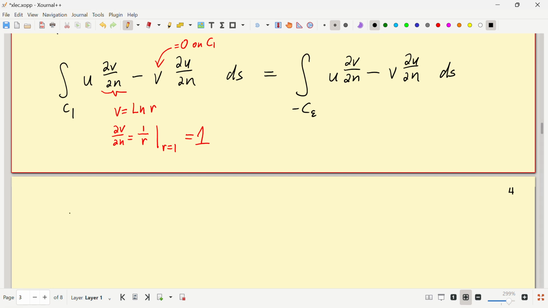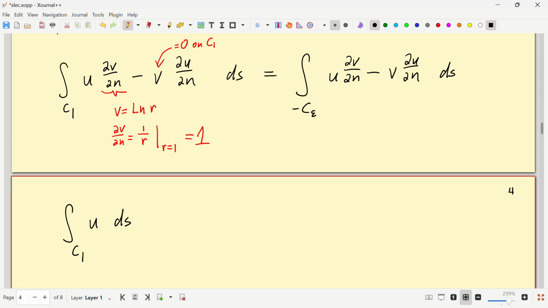This is the integral around the circle, the big circle of radius 1, of u ds. That's spitting out the average. Actually, there's going to be a 2 pi coming in somewhere. If I had 1 over 2 pi there, that would be the average. The 2 pi is going to come on the other side when I mess around with this other side.